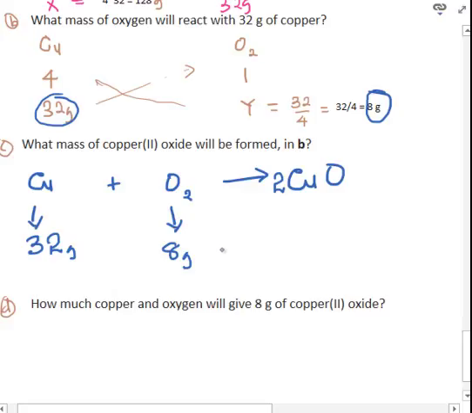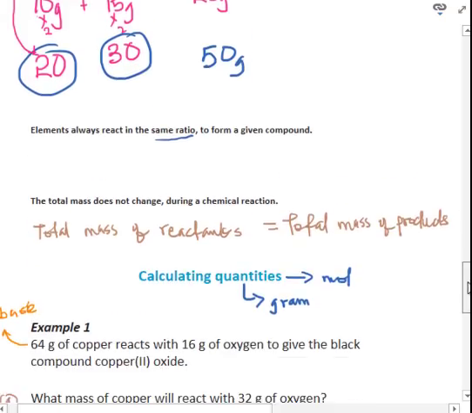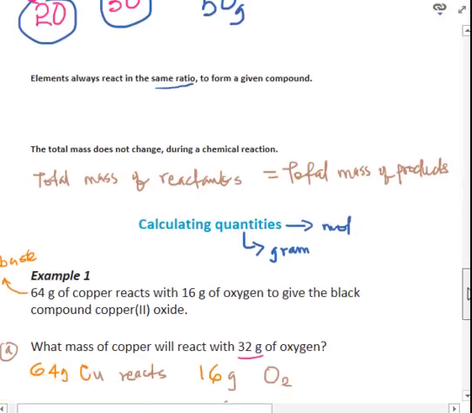So here we want to apply the second law. The second law says the total mass does not change during a chemical reaction. So let's look at the total mass. Total mass of reactant equals total mass of product.